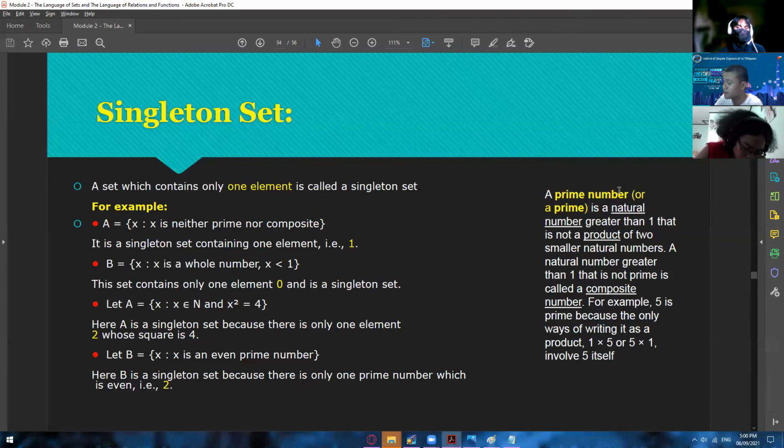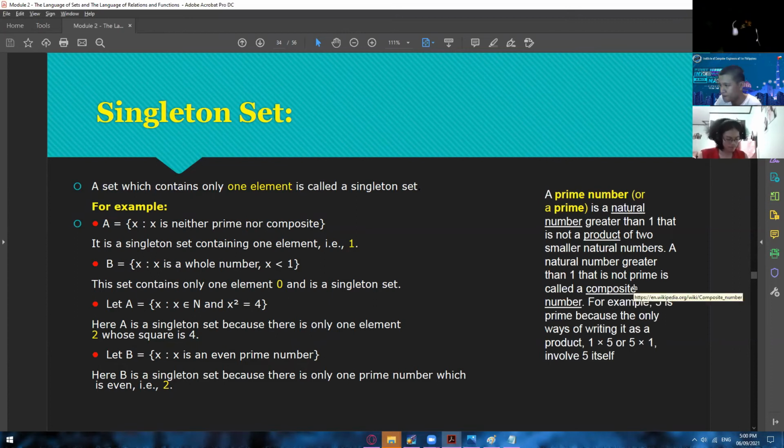A prime number, or a prime, is a natural number greater than 1 that is not a product of two smaller natural numbers. A natural number greater than 1 that is not prime is called a composite number. For example, 5 is prime because the only ways of writing it as a product are 1 times 5 or 5 times 1, which involve 5 itself.